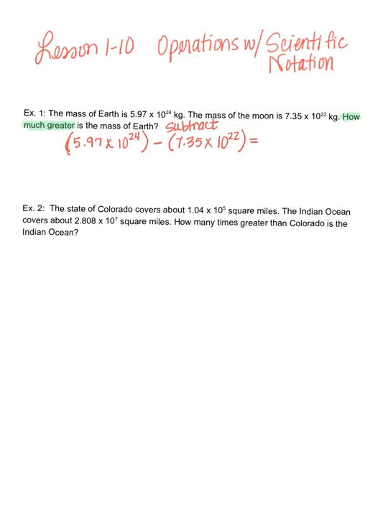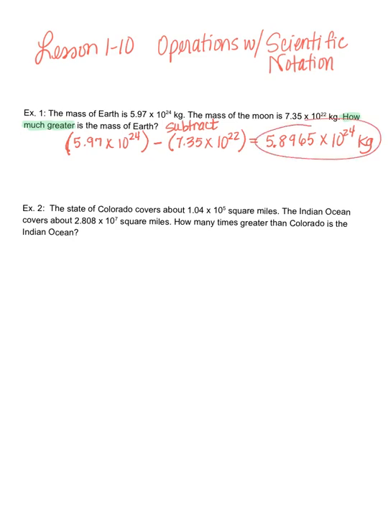You have to hit equal at the end. If you don't, it will not give you the right answer. It will only give you what the last scientific notation is converted into standard form. So make sure you hit enter, or equals, at the end. The answer I got was 5.8965 times 10 to the 24th power, and that is kilograms. So that's my answer.